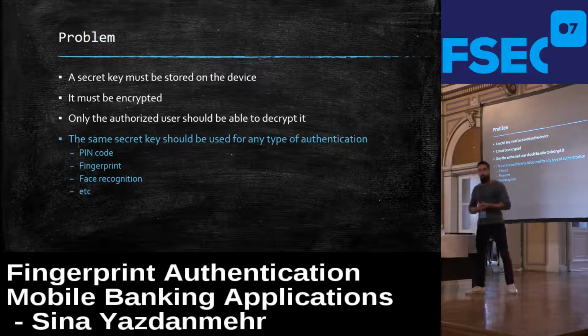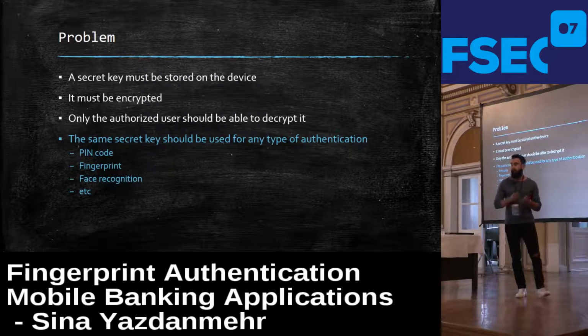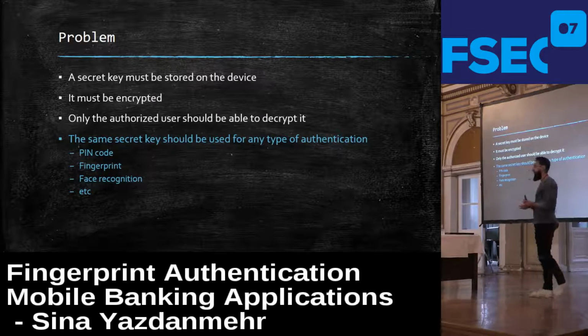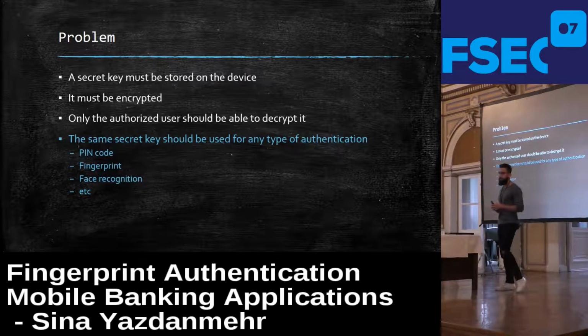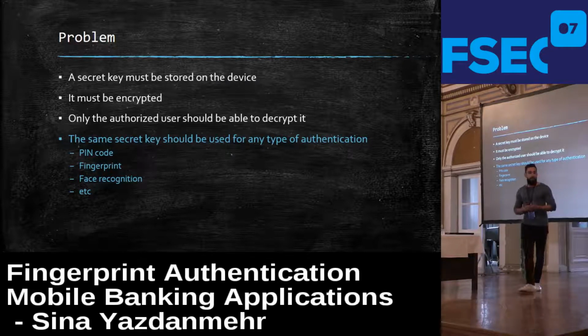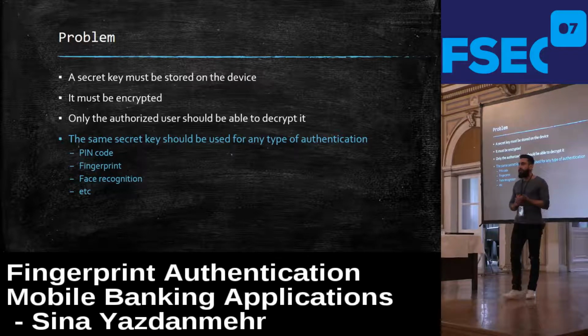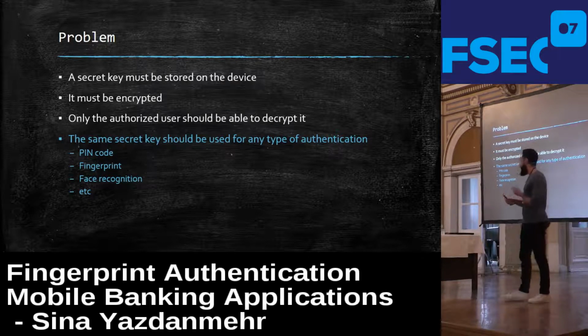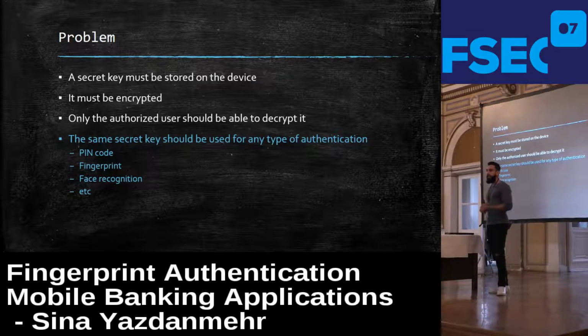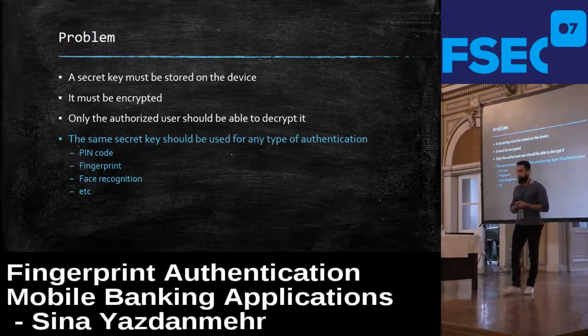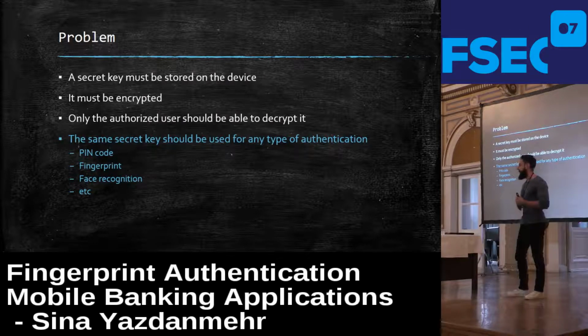It can be fingerprint authentication, face recognition, any other type of biometric authentication, or the traditional one, PIN code authentication. Why? Because the OTP is based on this secret key. And if you use a different secret key, the server-side app cannot validate the generated OTP. So for any type of authentication, the secret key must be the same in your application.